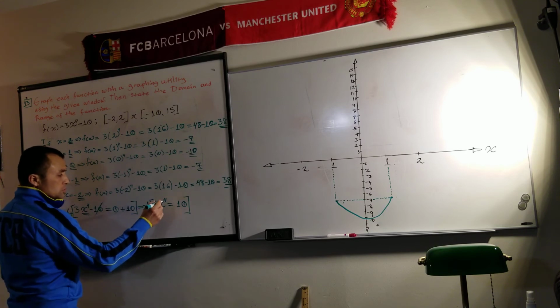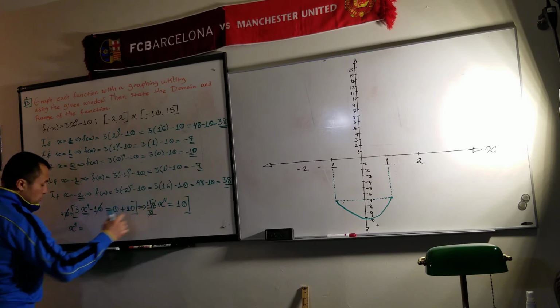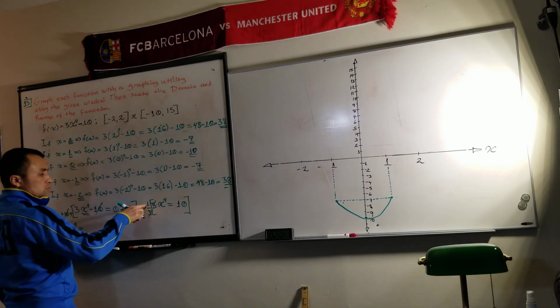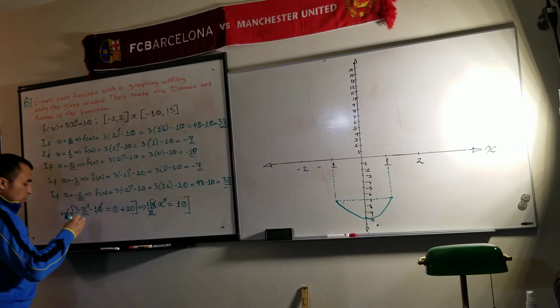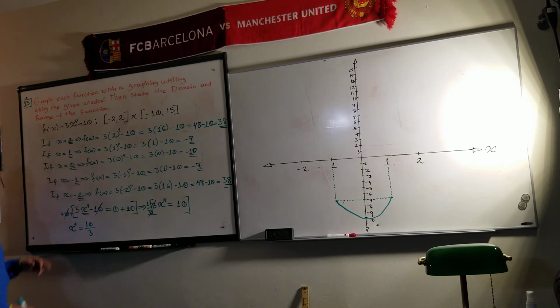We cancel the 3's and we only have as a result x to the 4 on the left side of the equality, equal to 10 times 1, that is 10 divided by 3. So now we have the expression x to the 4 equals 10 divided by 3.